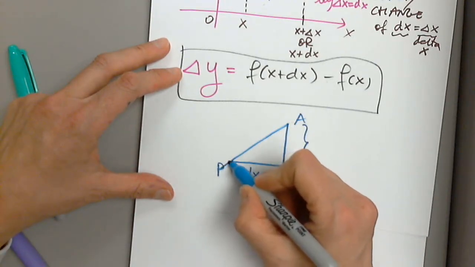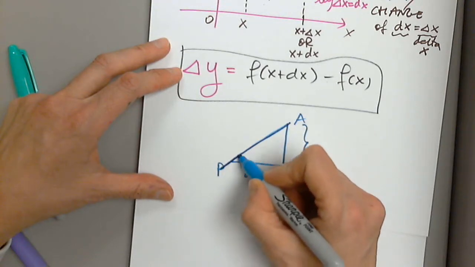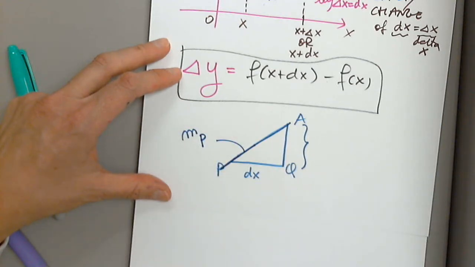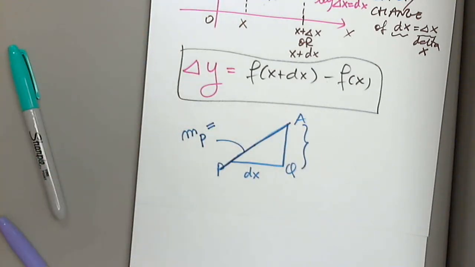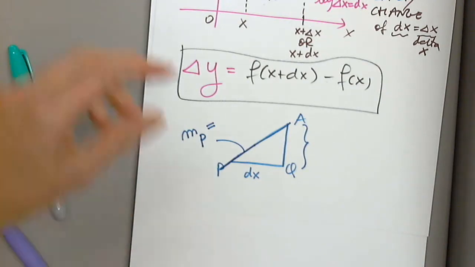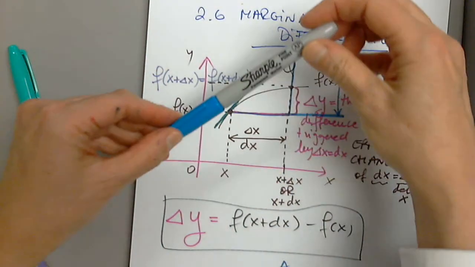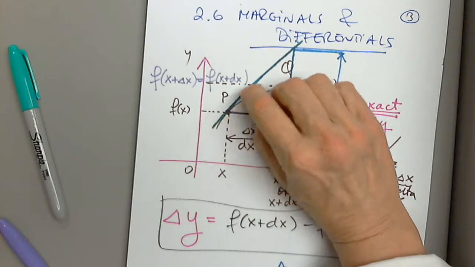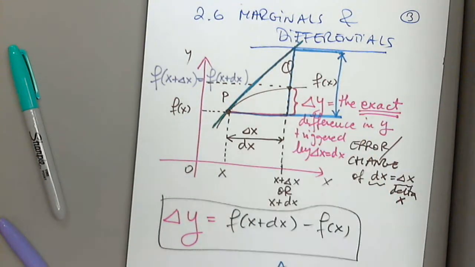And I would like you to tell me the slope of this line. So give me the slope of the line going through P. Let's go back to the original graph. I want to determine the slope of this line, which is the tangent line to the graph of f of x at P. There is a function that we discussed already for a few weeks that will give us the slope of that line at P. Which function will give us the slope of the tangent line at a point?